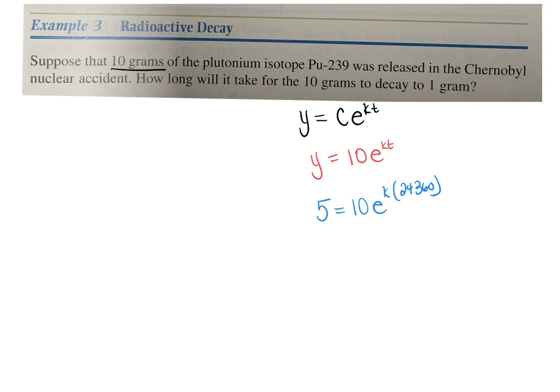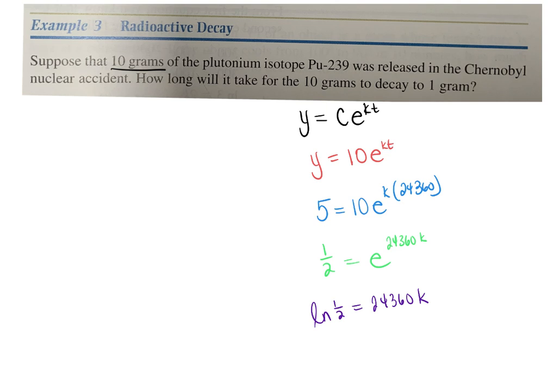So what do I do? Well, I'm going to divide. By the way, that's going to be 1 half. 1 half equals e to the 24,360K. I do the same thing to get rid of my e: natural log of both sides. So ln of 1 half should equal 24,360K.